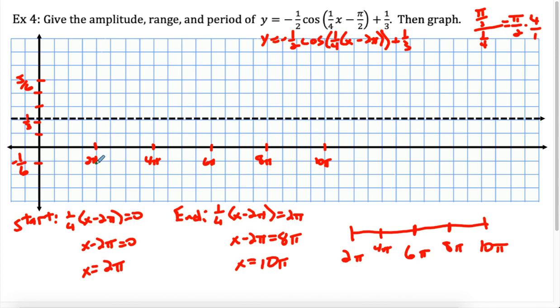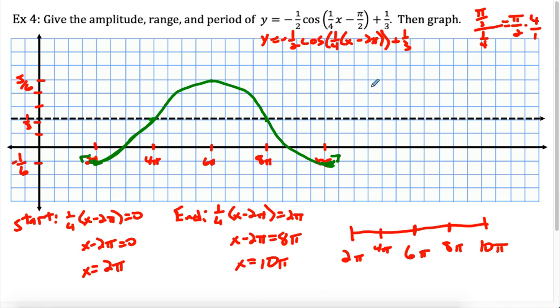So I'm going to start here at 2 pi at the minimum, go up to the midline, then to the maximum, then to the midline, then to the minimum. All right, so we should end up with something that looks like that.